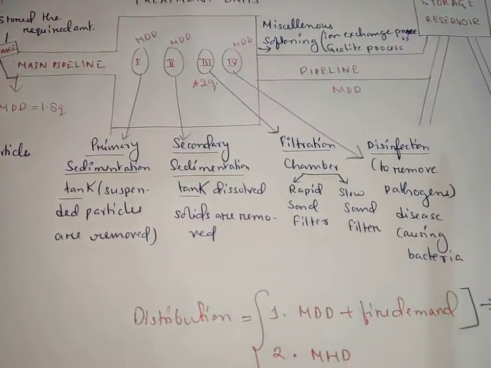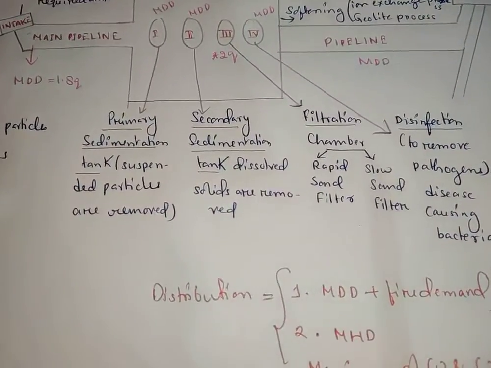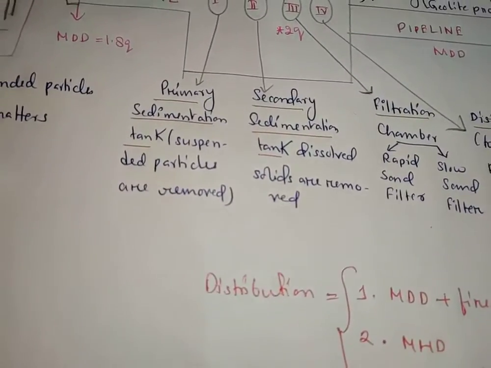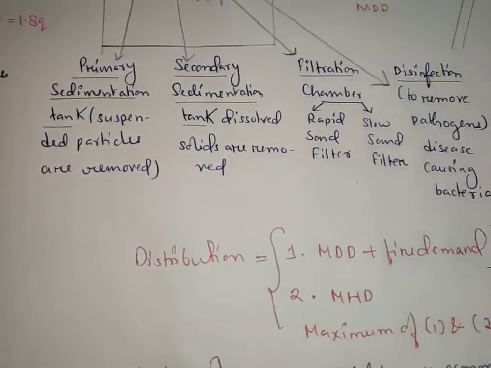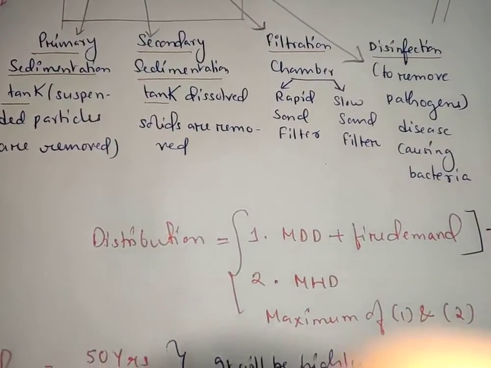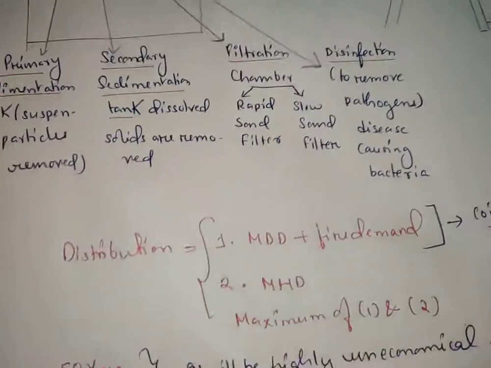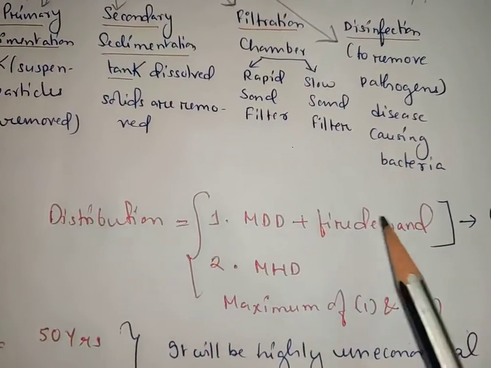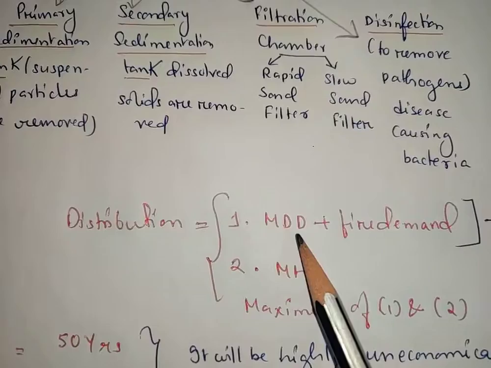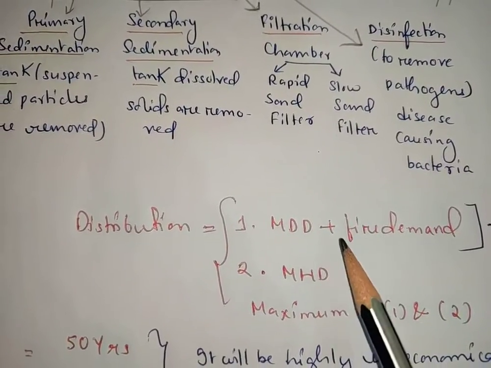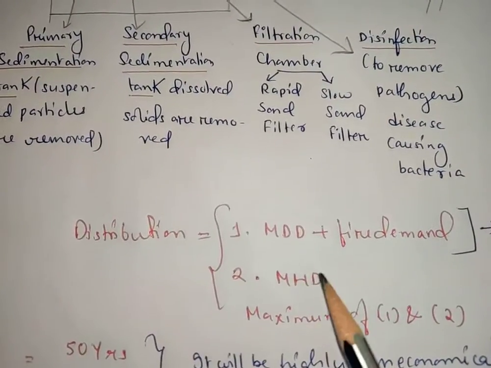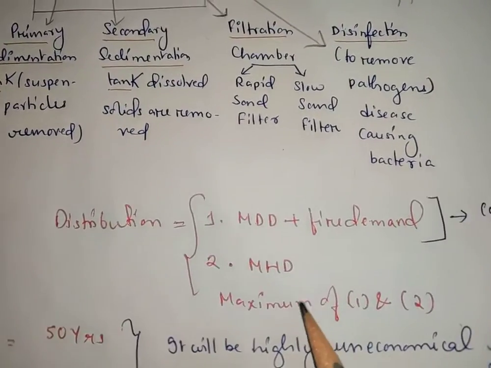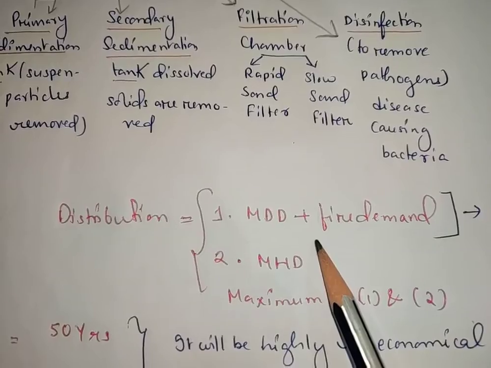Then we will know how to calculate the distribution, meaning how much amount of water is required. To calculate this distribution, we have to see the maximum of two values. We need to calculate both MDD plus fire demand, and the MHD, that is maximum hourly demand, and we will take the value which is the maximum of these two.